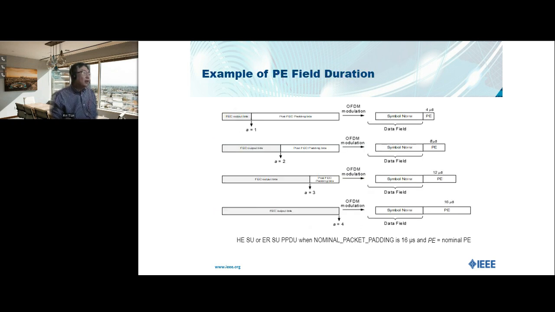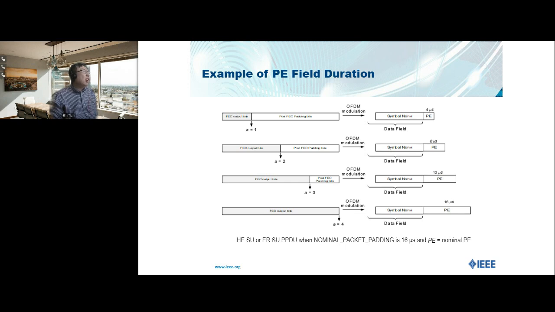I give you an example for the HE SU and EISU when the nominal padding is 16 microseconds and the actual PE transmission is the required PE, which is the nominal PE.